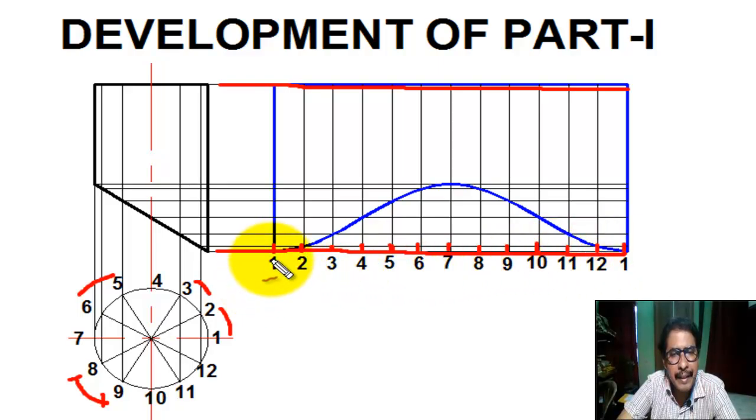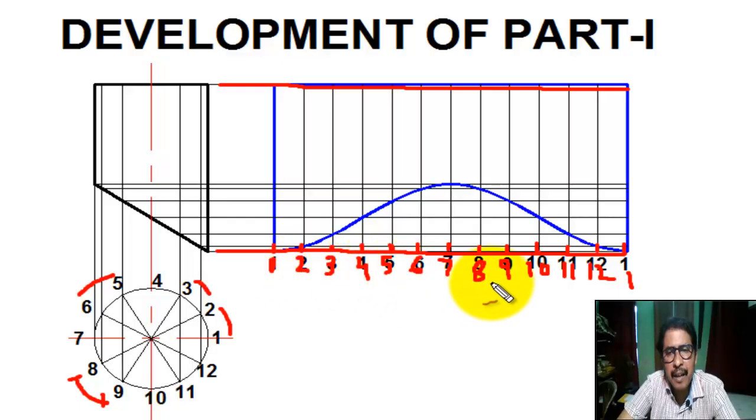After marking, it is 1, 2, 3, 4. All these points are marked 1, 2, 3, 4, 5, 6 up to 12.